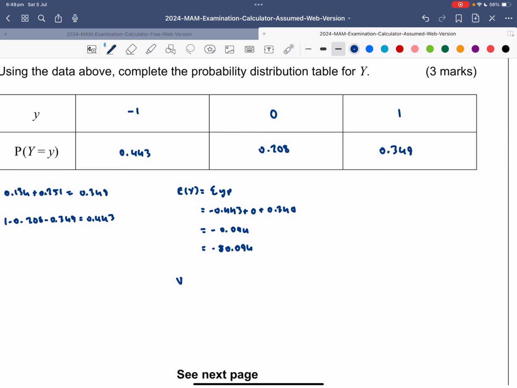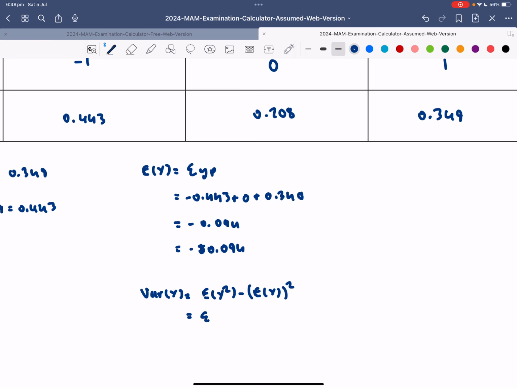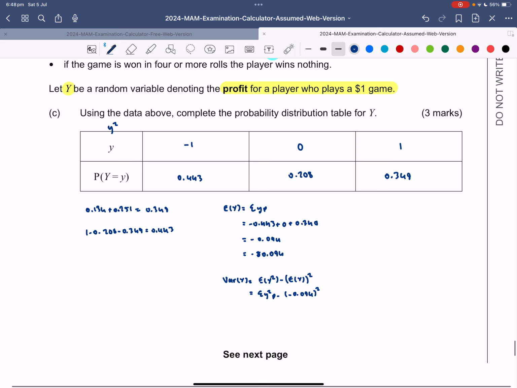The variance of Y is the expected value of Y squared minus the expected value of Y, all squared. The expected value of Y squared is the sum of all the Y squareds times the corresponding probability, and we already worked out the expected value to be minus 0.094, so minus 0.094 squared. For Y squared I need a separate row: that would be 1, 0, and still 1.